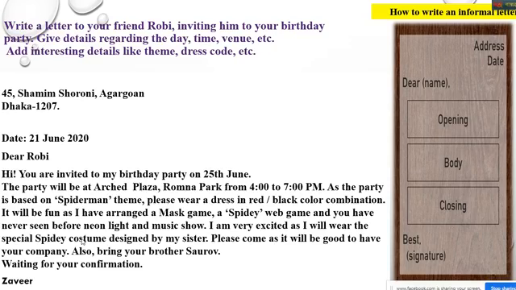What are the information you have to include? Okay, so let's see how the sample is working. Here is the address of the sender, 45 Shamim Sharoni Agargan, and the date is mentioned here.